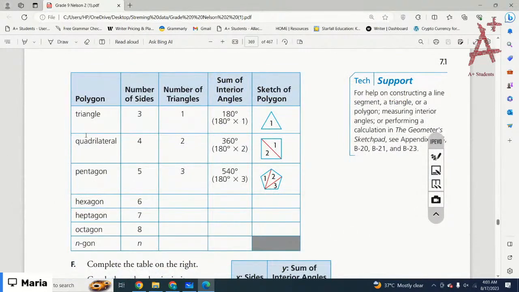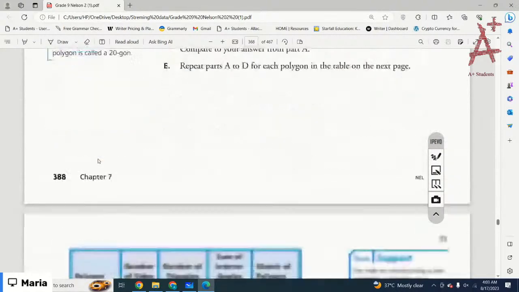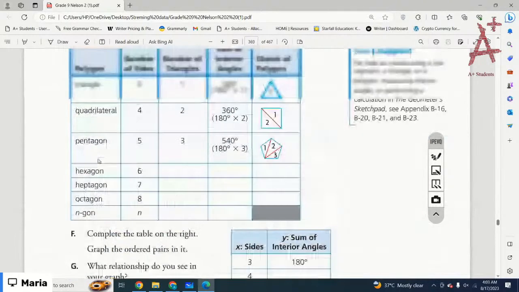Just look at the table. You have different types of polygons, right? Poly means many, polygons have different numbers of sides. A triangle has three sides and the sum of angles is 180 degrees. Then you have a quadrilateral.